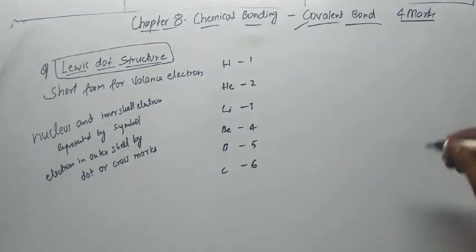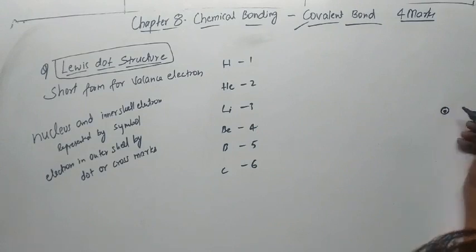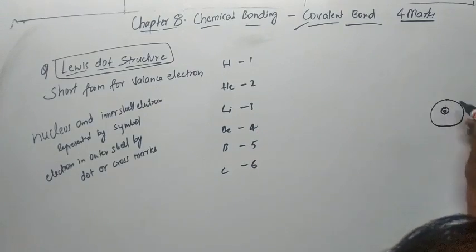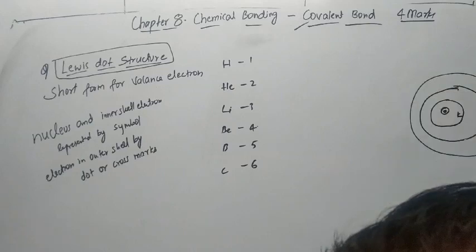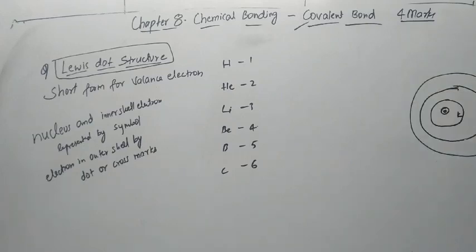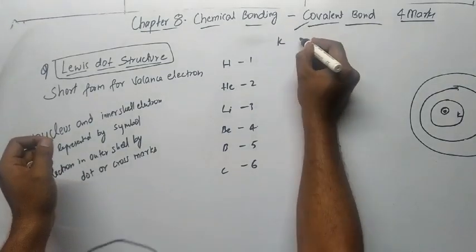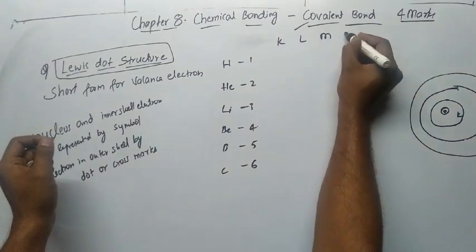So in the atomic structure, at the center we have a nucleus, and these are the shells. So the name of the first shell is K, this is L, then we have an M. So I'm just writing the shells K, L, M and N.